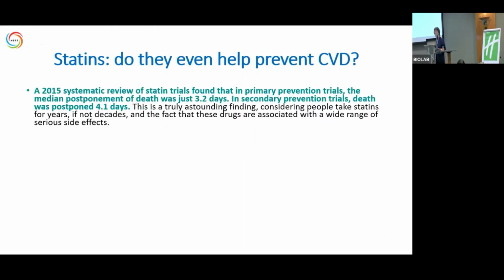Here's a 2015 systematic review of statin trials, which found that in primary prevention, that's preventing your first heart attack, the mean postponement of death was just 3.2 days. And in secondary prevention trials, that's preventing your second heart attack, death was postponed by 4.1 days. Was it honestly worth it?